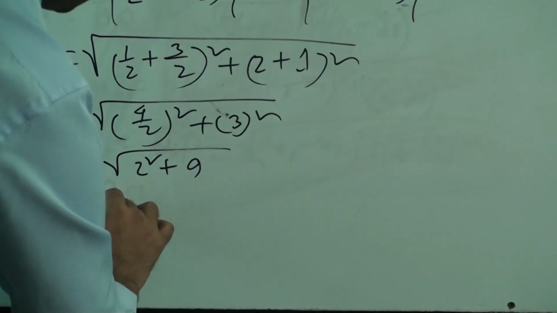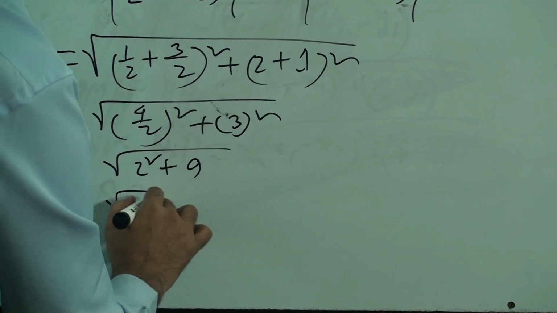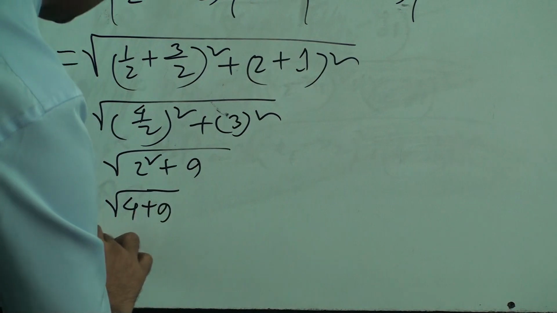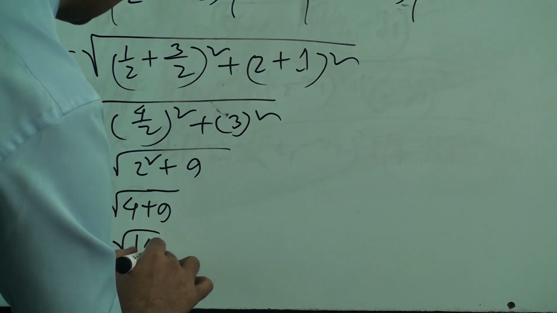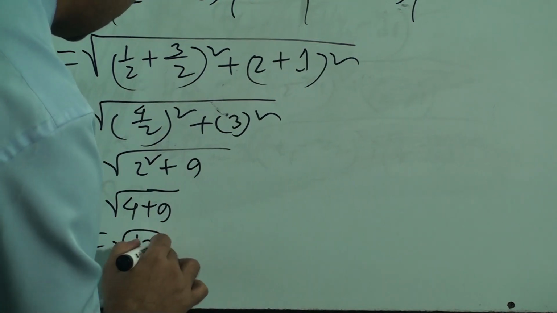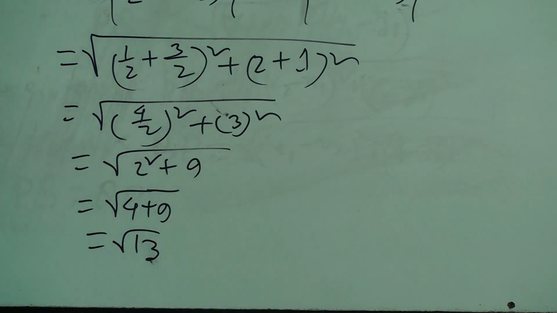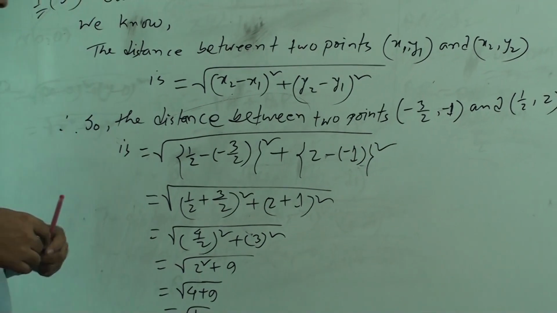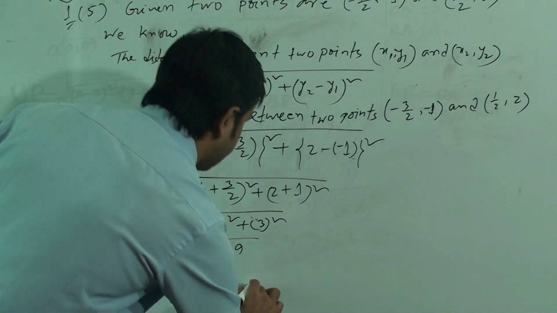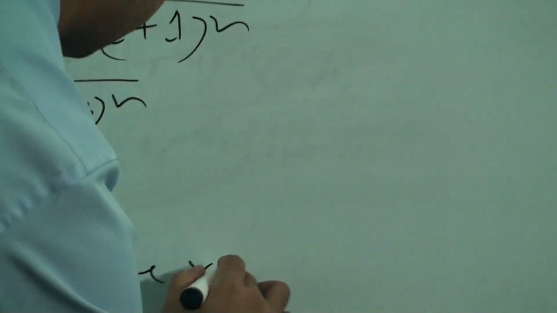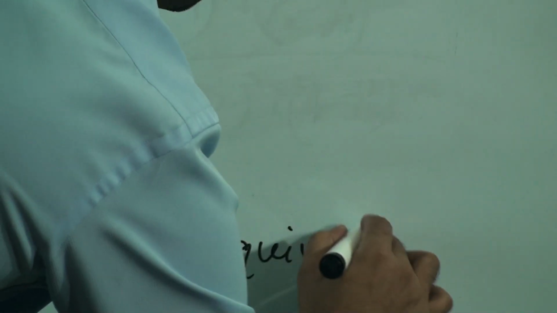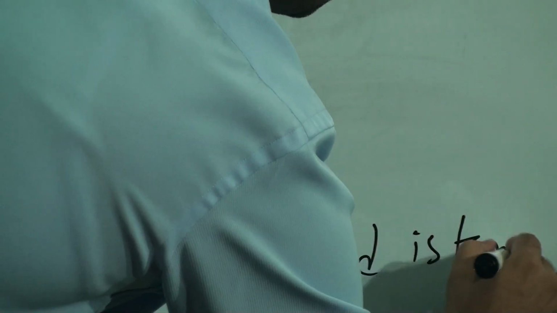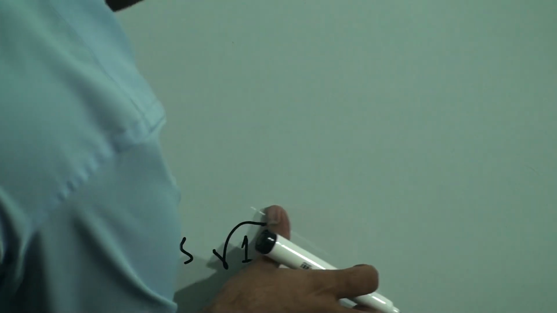So 2 square means 4, plus 9, square root of 4 plus 9, it means square root 13. Therefore the required distance between the given points is square root 13.